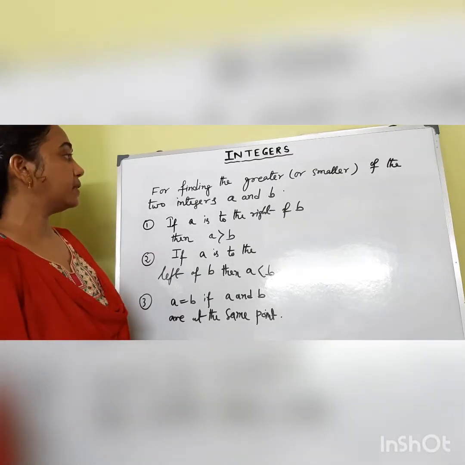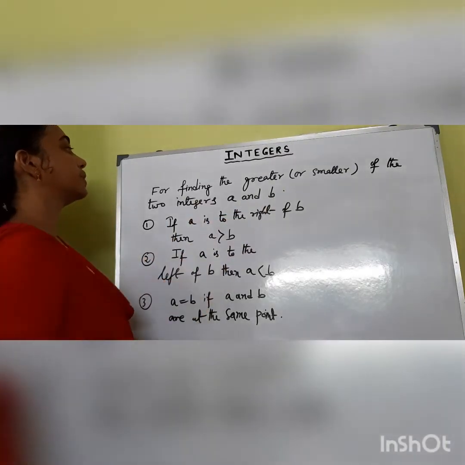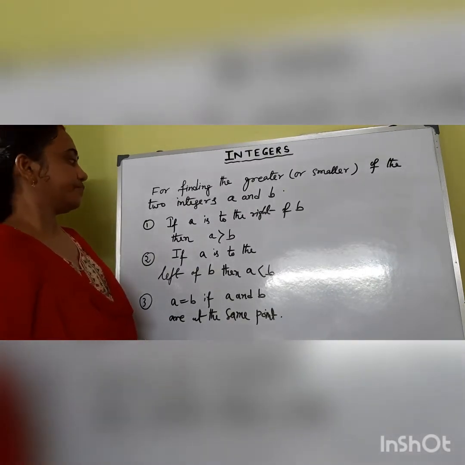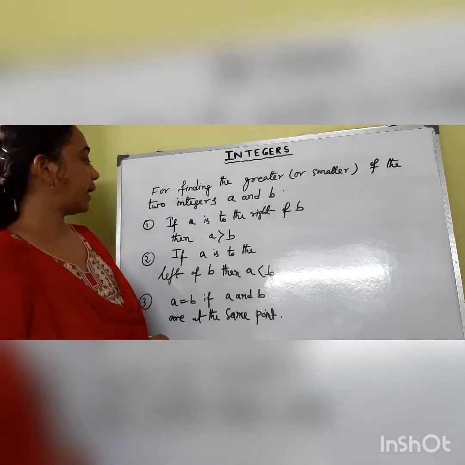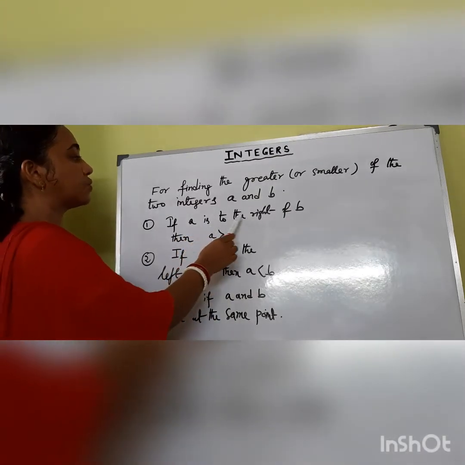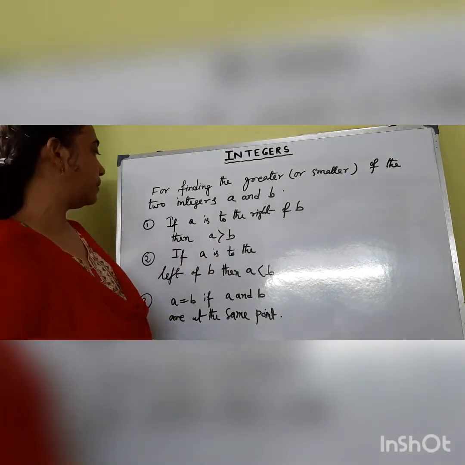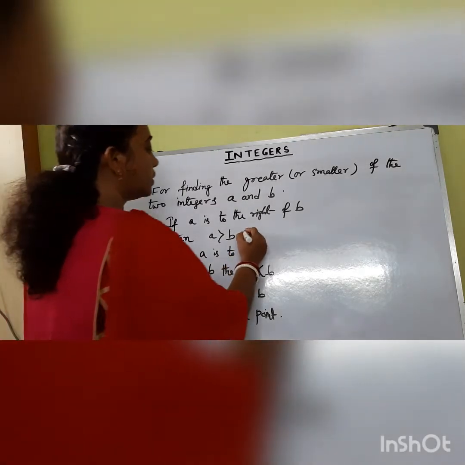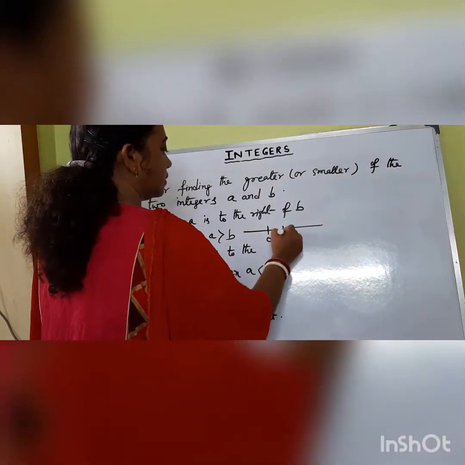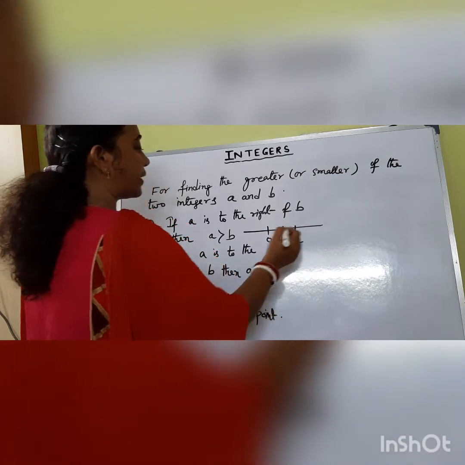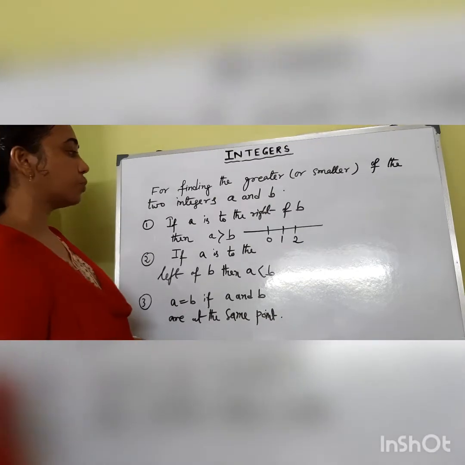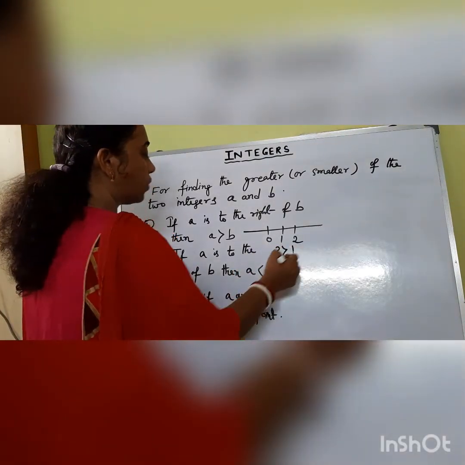Now, for finding the greater or smaller of two integers a and b, by observing the number line, if a is to the right of b on the number line, then we can say that a is greater than b. For example, if I write 1 and 2, here 2 is to the right side of 1, so we can say that 2 is greater than 1.